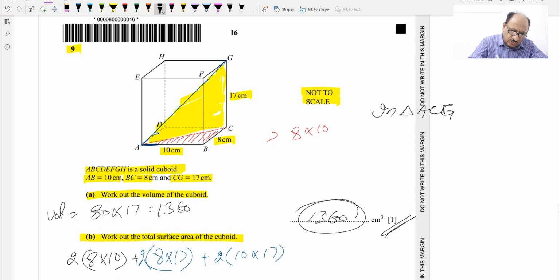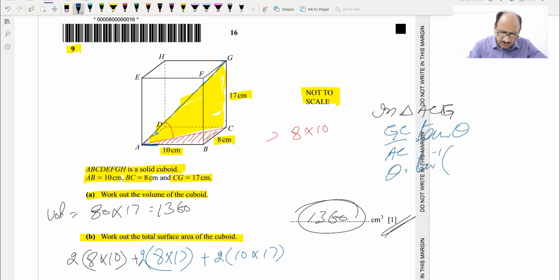So this angle is required. GC over AC will be equal to tan of theta, and theta will be equal to tan inverse of GC, 17, over AC, which we have just calculated, 2 root 41.